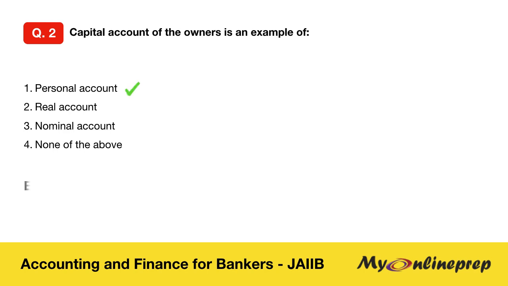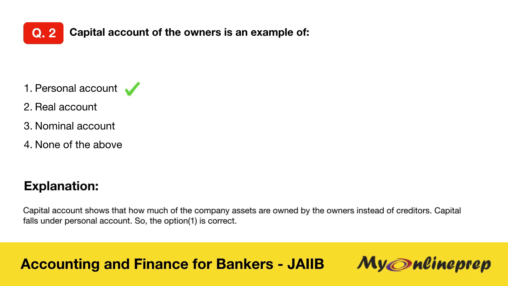Why? Because capital account shows how much of the company assets are owned by the owners instead of creditors. Don't confuse between creditor and the owners. Capital falls under the personal account. Remember, capital falls under personal account. Let's move on to next question.